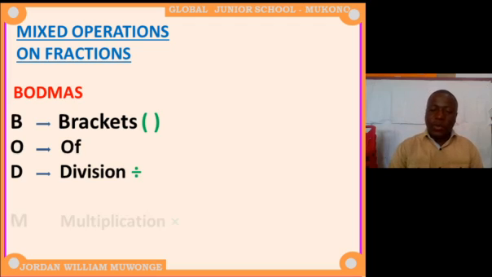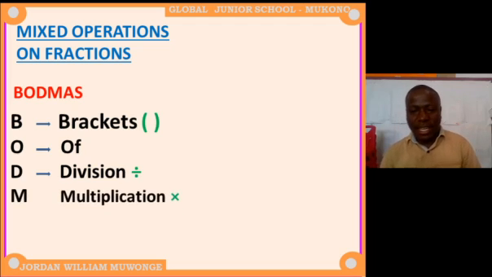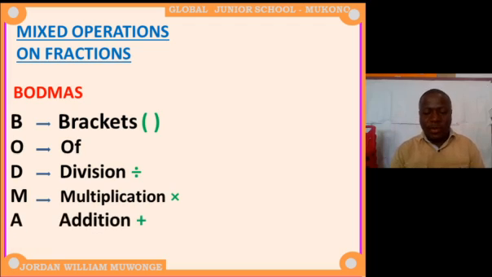And then let's move on to the next letter. That's letter M, which is representing multiplication. Letter M represents multiplication, and the multiplication sign is there. Well, then letter A represents addition, and the addition sign is there.